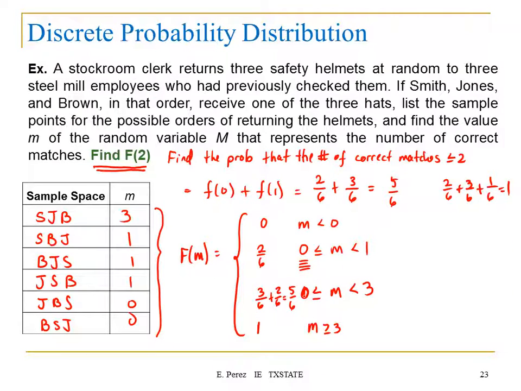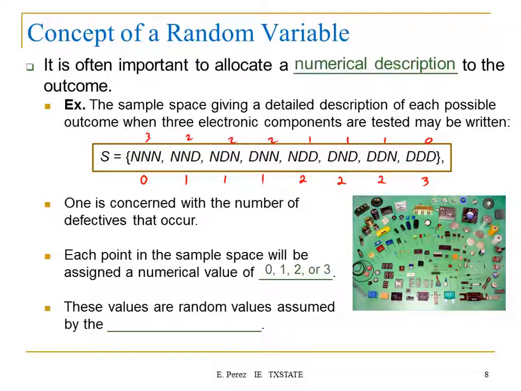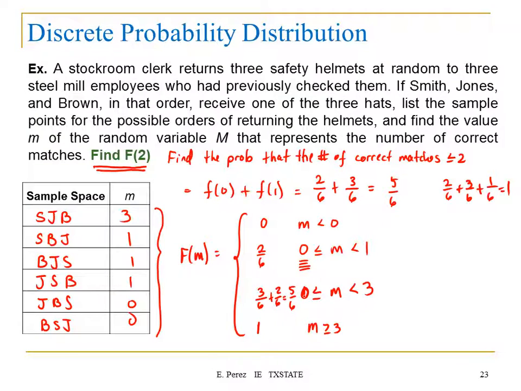That's correct. Then the third one, we use greater or equal to 0 and less than 3. Then it will include all these numbers, 5 over 6. So these n should be greater or equal to 0. We'll include all of them.